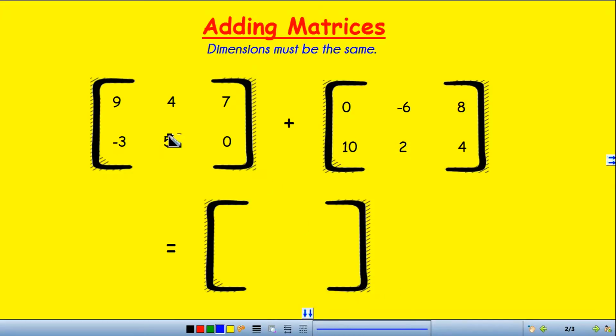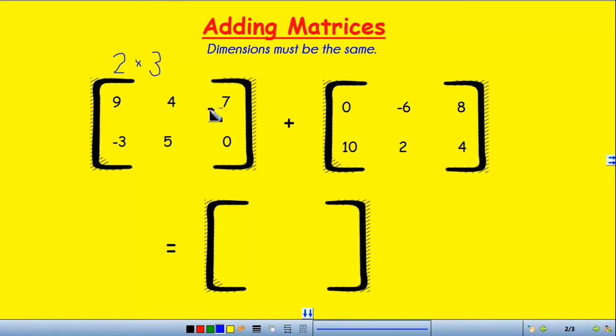So in this case, we have 2 rows and we have 3 columns. So if we were to write the dimensions, we would say 2 by 3. Why?